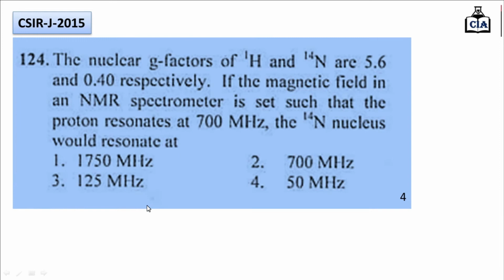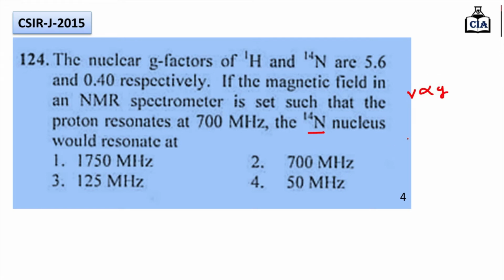Now the next question from CSIR June 2015. In this question we have to find out the frequency for the 14N nucleus. The relation between the g factor and the frequency is that frequency is directly proportional to the g factor.